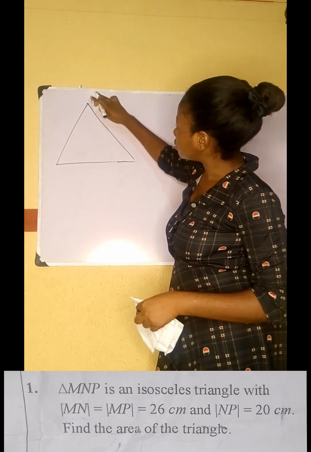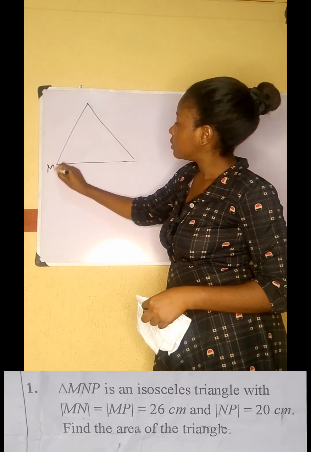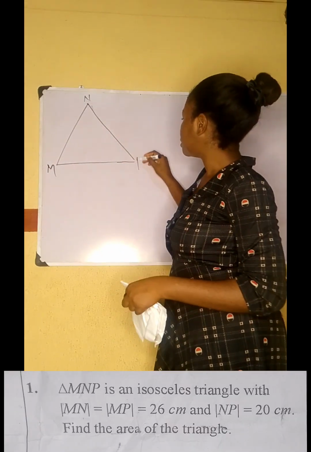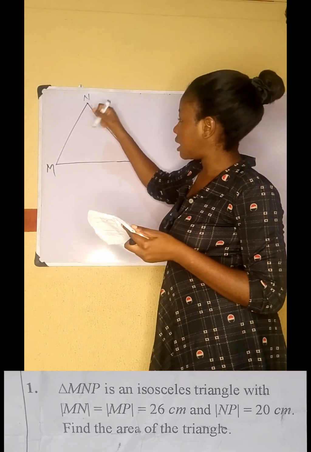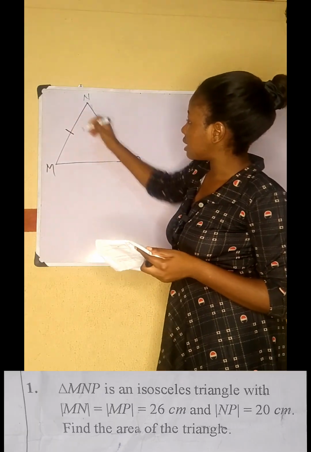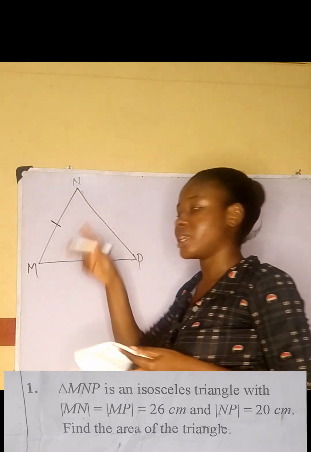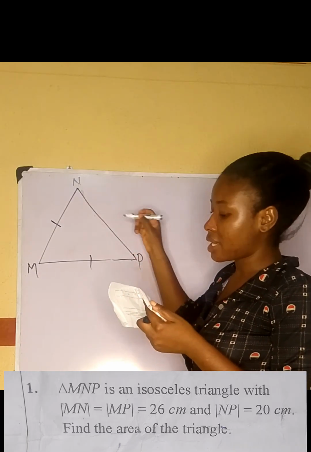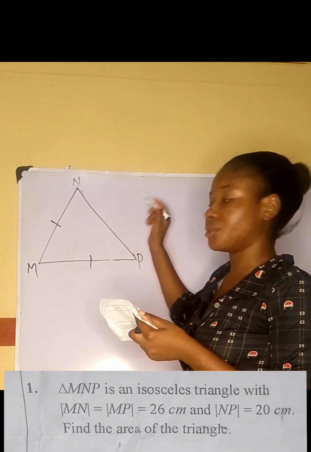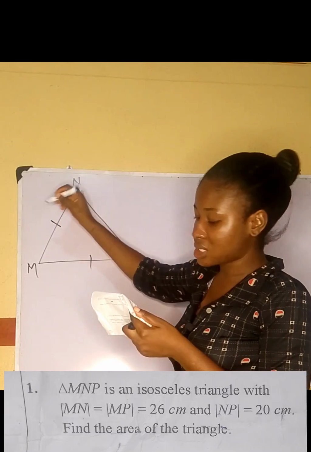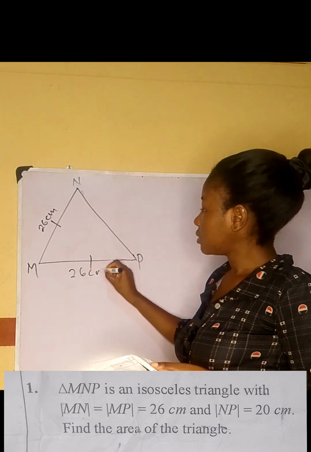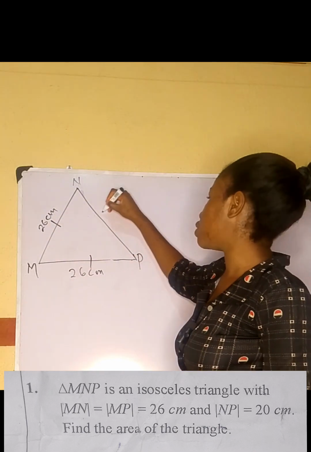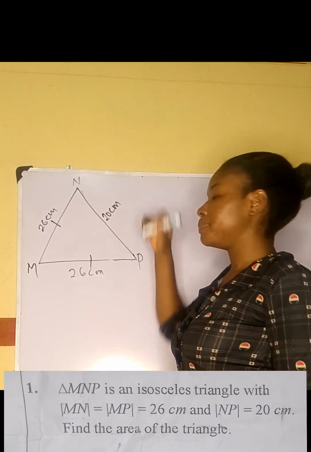We have an isosceles triangle MNP, and they are telling us that MN and MP are equal. That's here and here, MN and MP. And then our NP is different. So these two equal sides are 26 cm each, while this other side is just 20 cm.